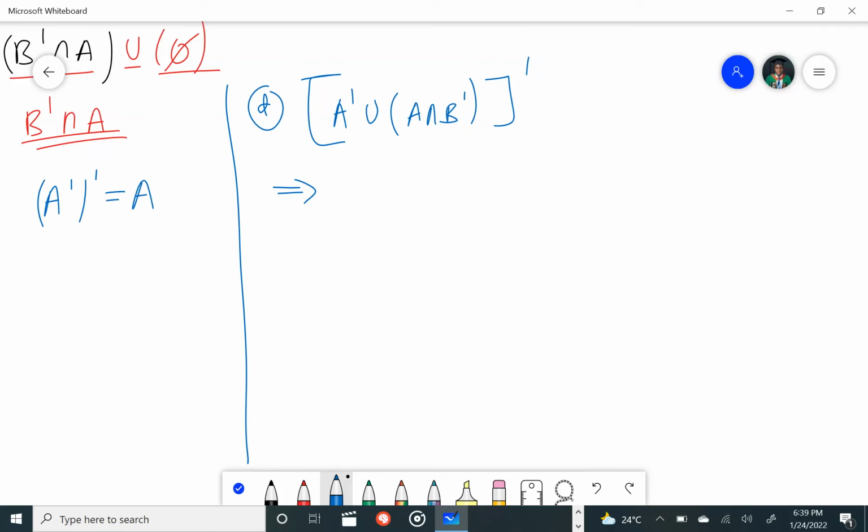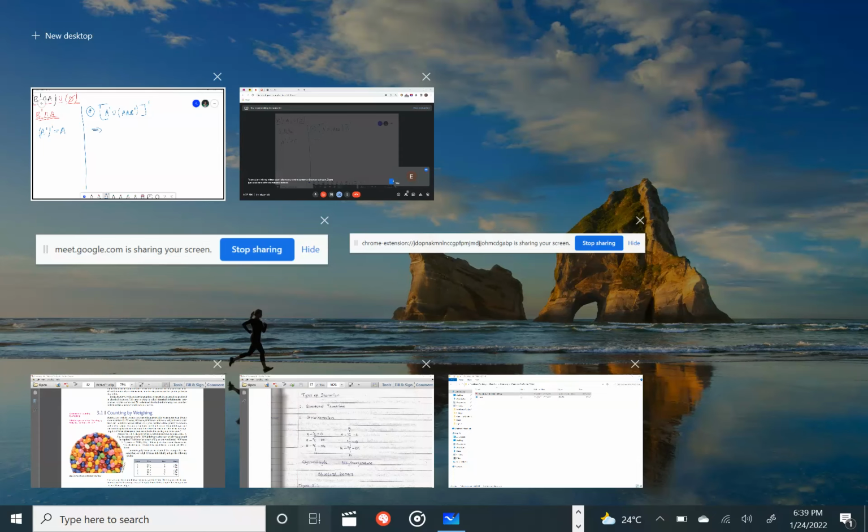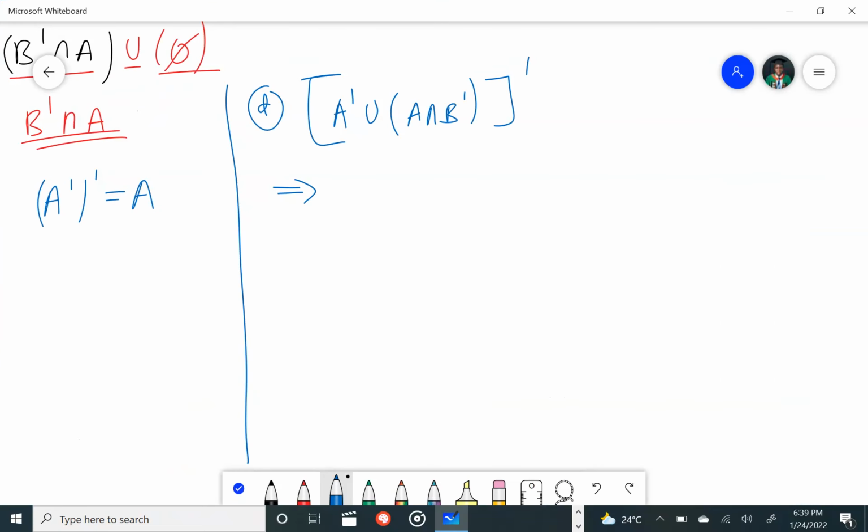Now, when I say A, it means any other set, in case you think it just works for A. I mean general. So that's going to be A, and then this union changes to intersection.